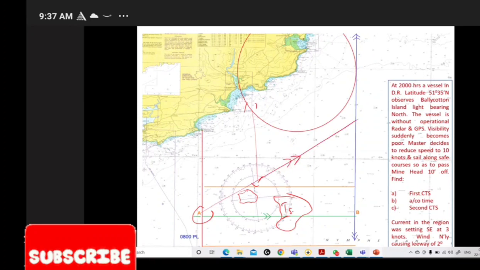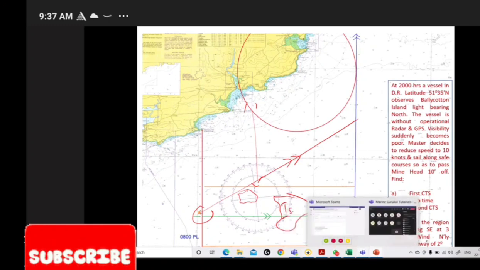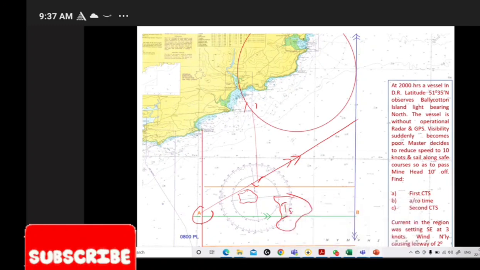If the DR is less reliable, I can go south in the deep waters and join it down somewhere. So it will all depend upon the reliability of the DR and other things. Therefore, the first CMG is preferred to be perpendicular to the PL, but it is not binding on you that the first CMG should always be perpendicular.